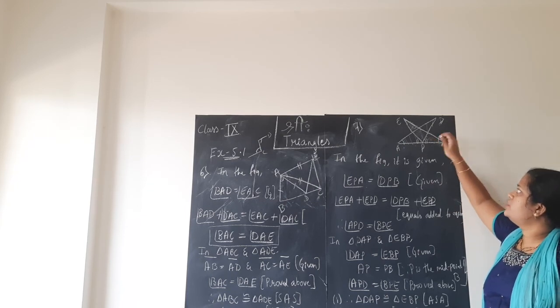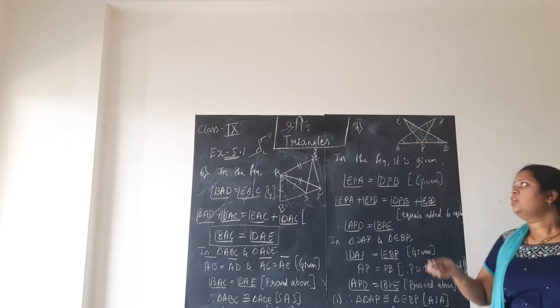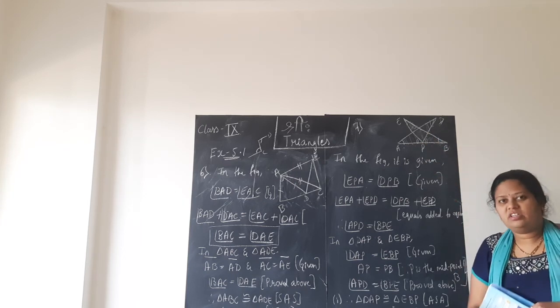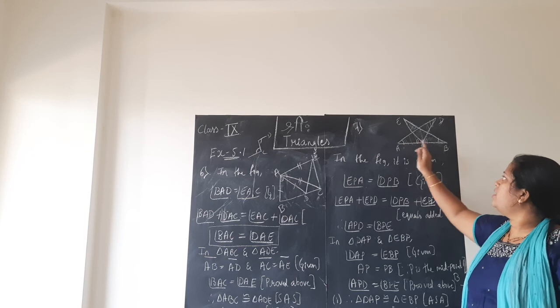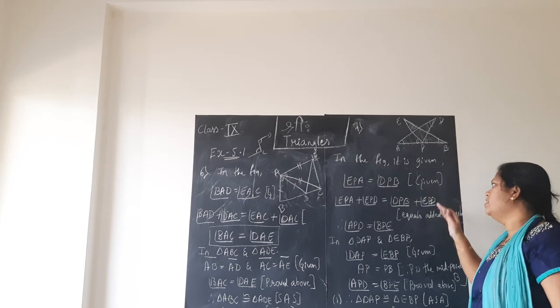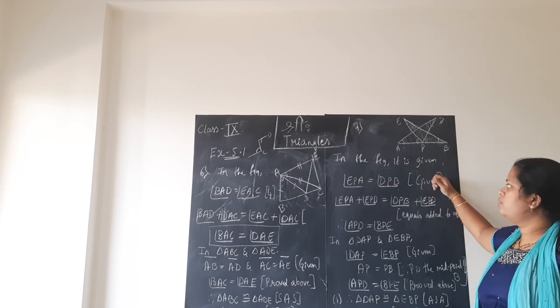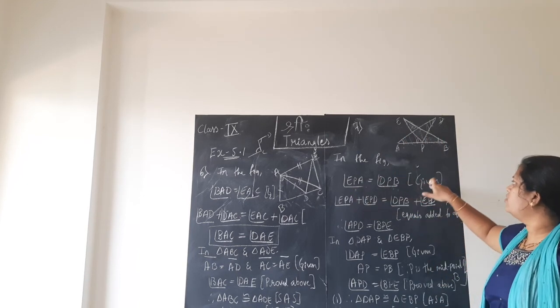That is the reason I am shading one triangle and drawing lines for the other. So we need to prove this shaded triangle and this triangle are congruent to each other. Very simple again. In the figure it is given that angle EPA is equal to angle DPB. Write this: EPA is equal to DPB.